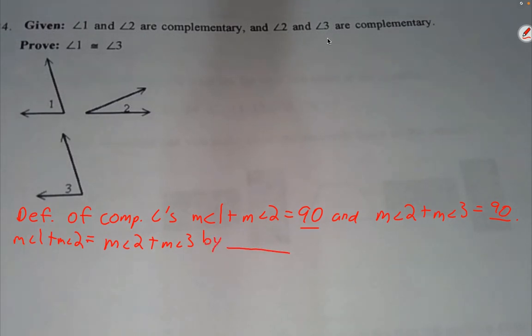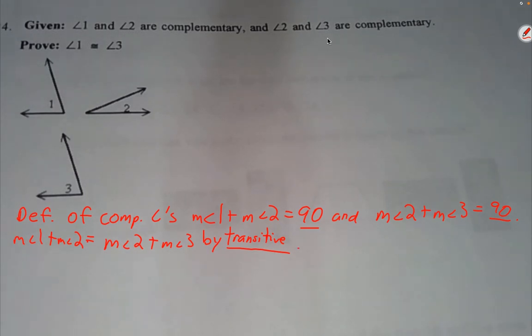Substitution or transitive property. I think I put transitive on the other one. I'll just put transitive here. Are y'all okay with that? All you're doing is saying, okay, those add to 90. Those add to 90. If they both add to 90, then they're equal. That's transitive property.